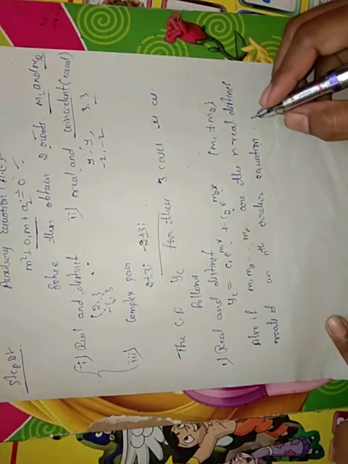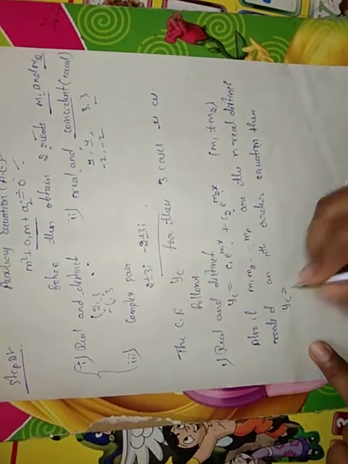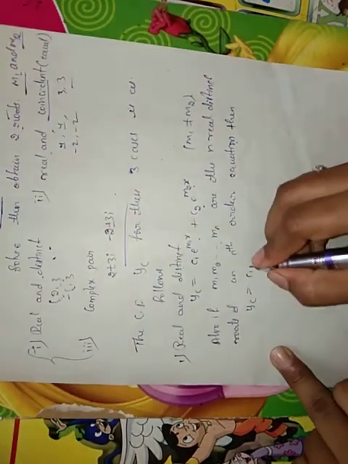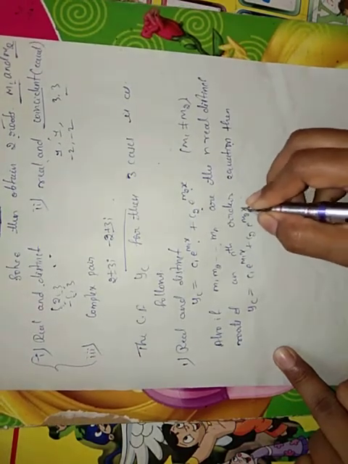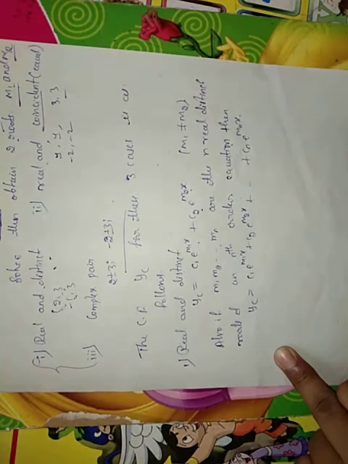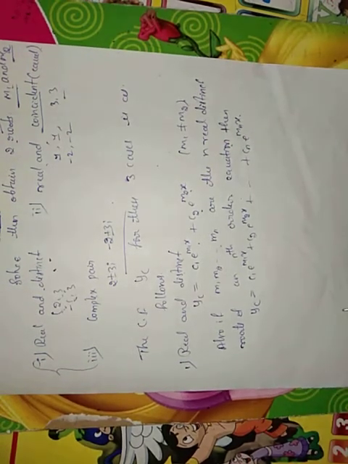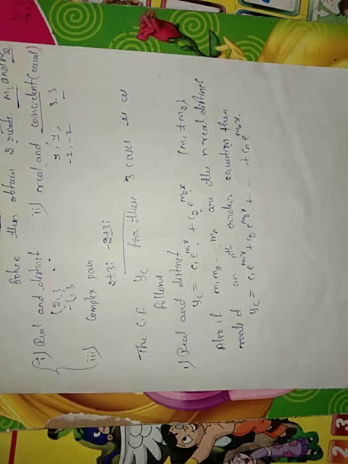Then the complementary function is equal to c1 e raised to m1x plus c2 e raised to m2x, and so on, plus cn e raised to mnx. That is the formula of the complementary function if the roots are real and distinct.